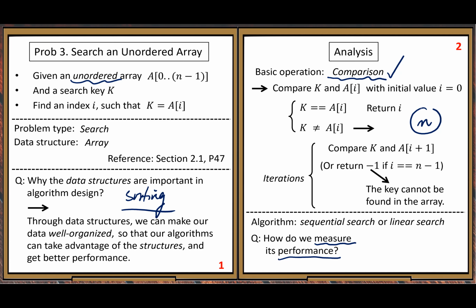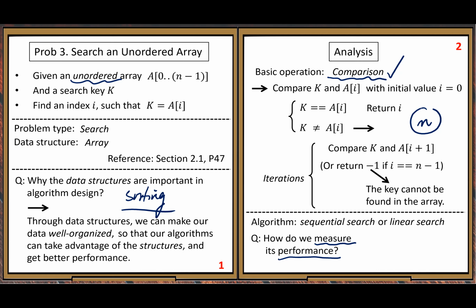People do millions of search operations every day, so the number of comparisons is distributed from small numbers to large numbers. But at the end, you need to consider the average number of comparisons. So we call it average case efficiency. So we have the best case, we have the worst case.